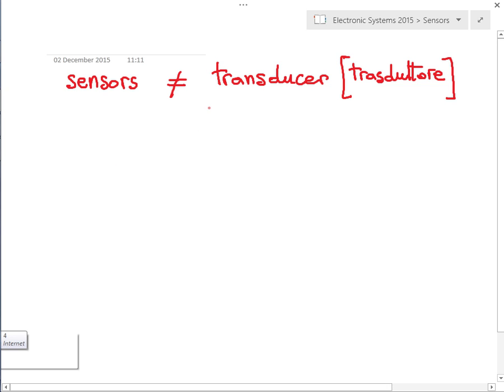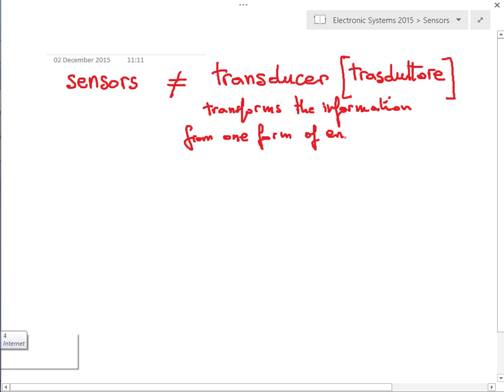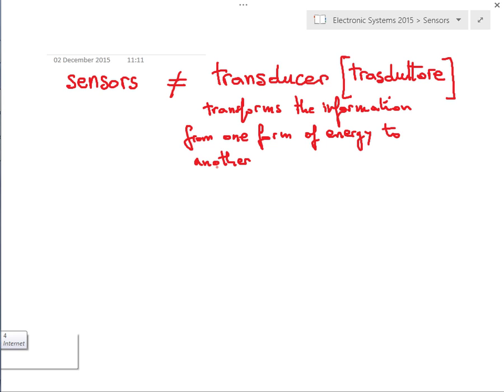Okay, so it transforms the information from one form of energy to another. So not necessarily in terms of an electric signal. It can be a completely different type.